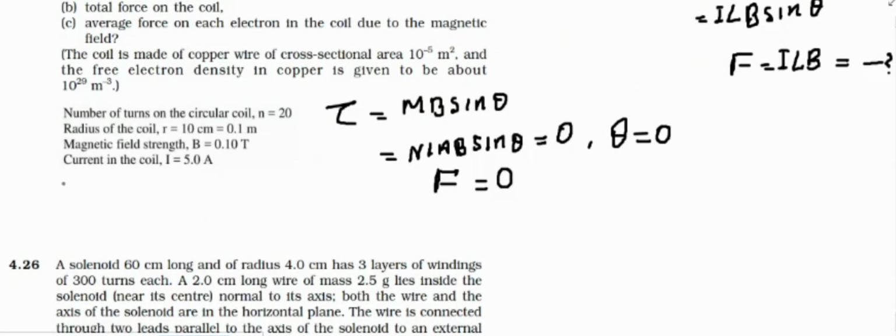So force on electron, we can have magnetic force e into vd cross B. Now, value of vd you can find out. vd is equal to I upon nEA, because I is equal to nEA vd, formula you have studied.